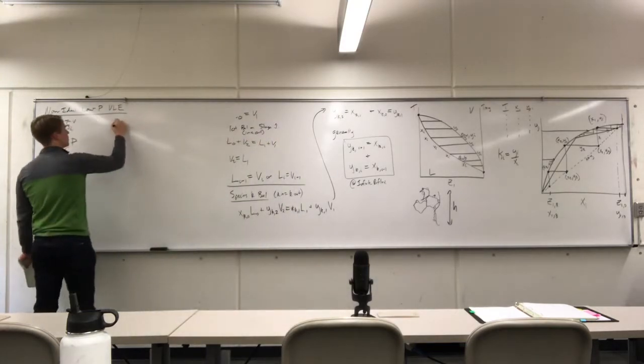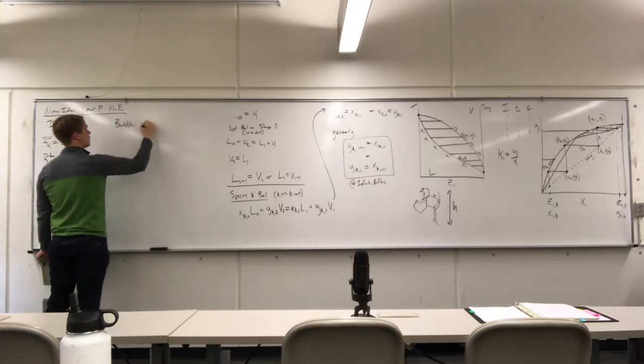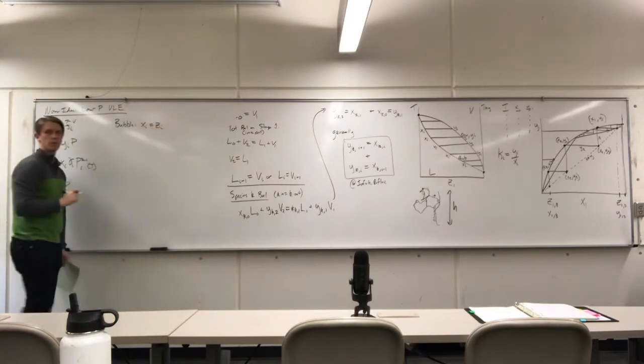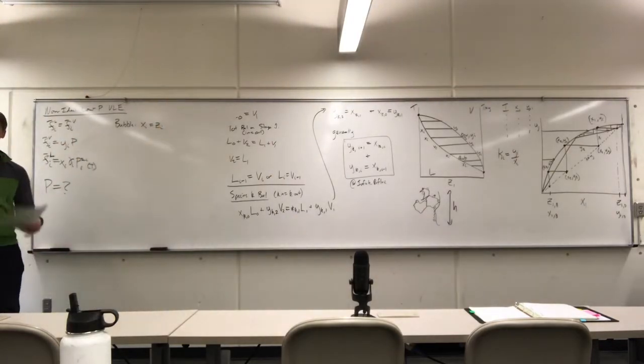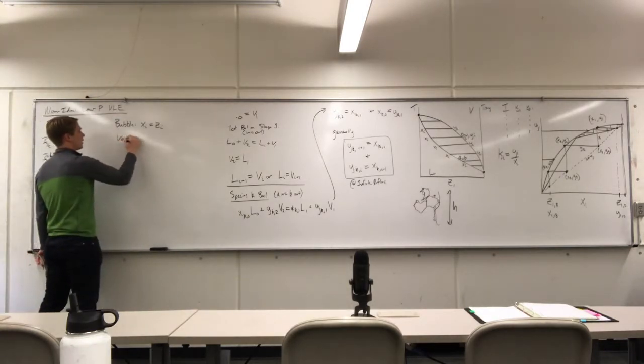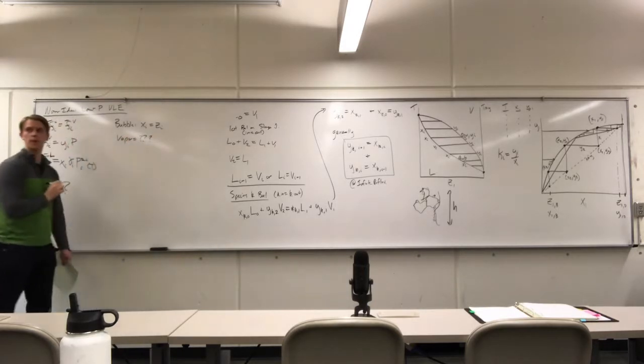So recall, the bubble condition is when the liquid mole fraction is equal to the total system mole fraction, meaning that we know everything we need to know about the liquid phase. But we know nothing about what's going on with the vapor.